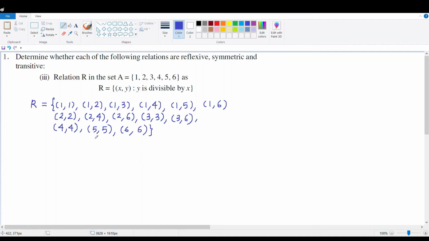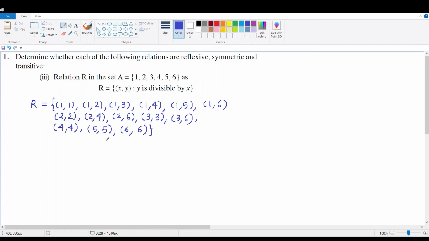I cannot think of any other than this. Why? Because 4 is divisible by 4. There is no other number which is divisible by 4, and there is no other number than 5 which is divisible by 5, and just 6 is divisible by 6 from this set. So I think this is the whole set R with all the possible coordinate pairs.